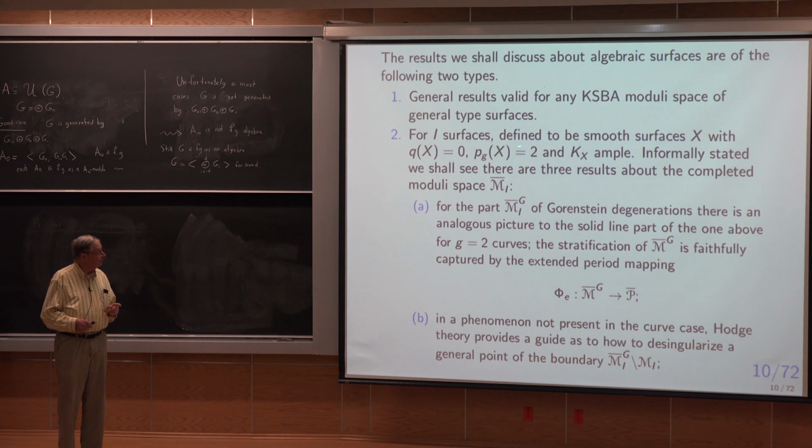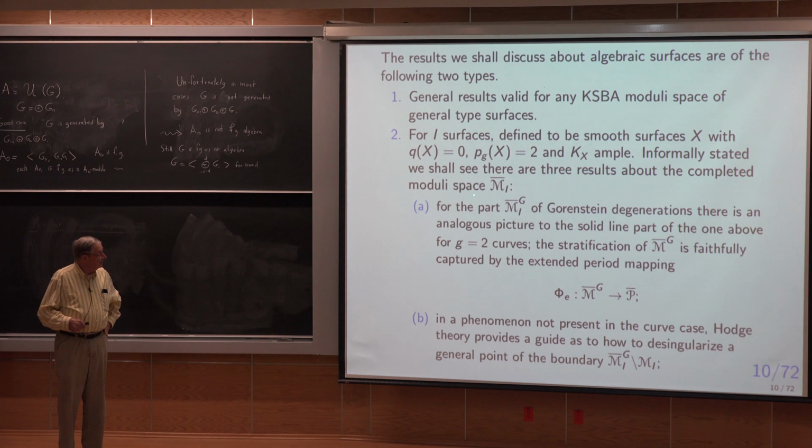And they have two linearly independent holomorphic 2-forms. It's like a Riemann surface of genus 2. The canonical bundle should be ample. And I forgot to put it here, but the square of the canonical bundle, K squared, the first Chern class squared, should be 1. That's the smallest possible number.